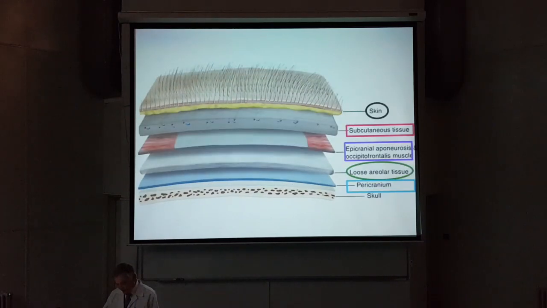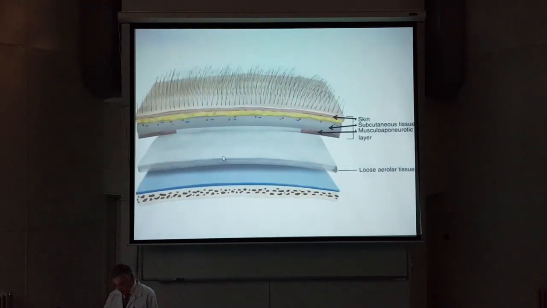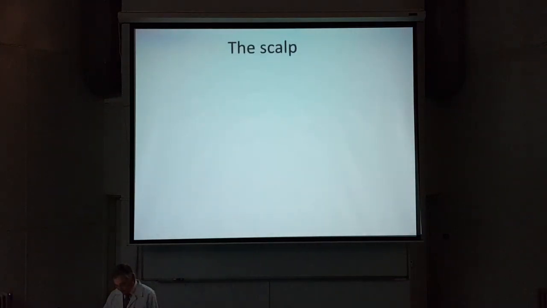Now the difference between this figure and this figure is that skin, subcutaneous tissue, and occipitofrontalis aponeurosis is considered as one unit that moves on loose areolar tissue, and then you have the periosteum of bones.